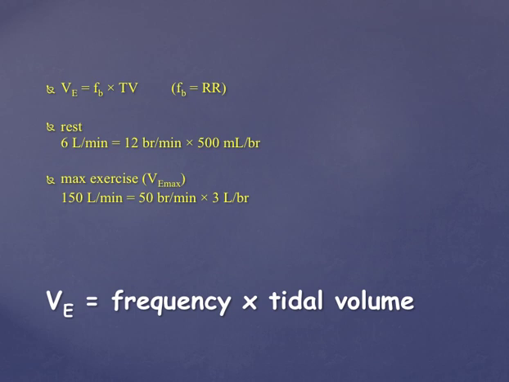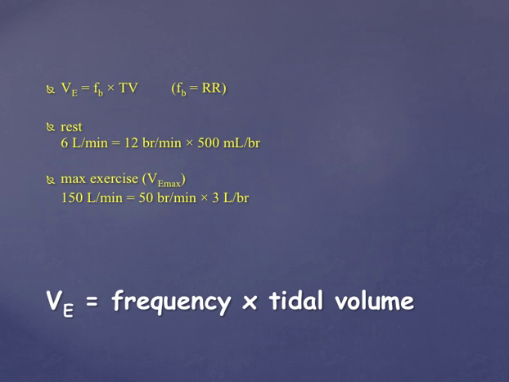The problem is, if you are breathing in 5 liters and out 5 liters, it takes so long that you wouldn't be able to breathe more than 10 times a minute. So this product, 50 times 3, is the optimal balance of rate and depth of breathing to give you the highest possible sustainable ventilation.